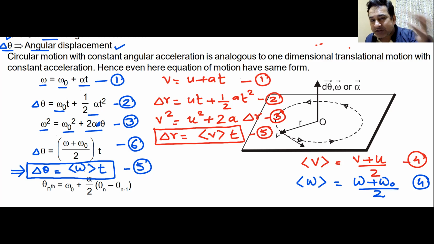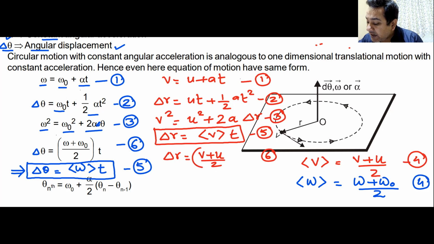Average velocity is total displacement divided by total time. But when the acceleration is constant, the average velocity becomes (v plus u) by 2. So I can write equation number 6: delta r is (v plus u) by 2 times t.